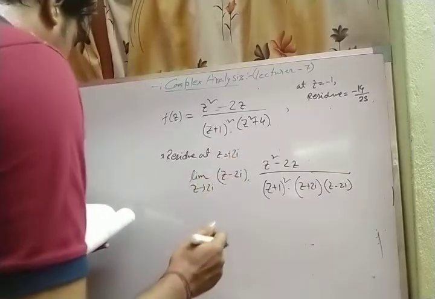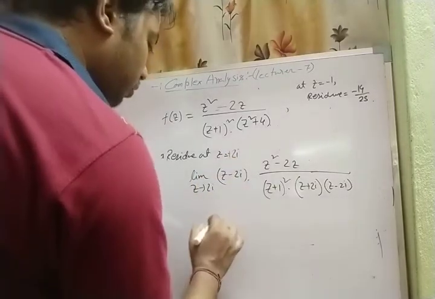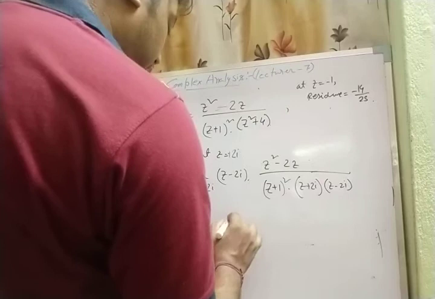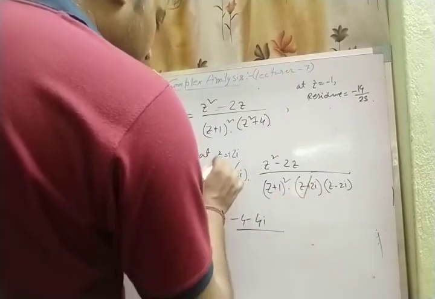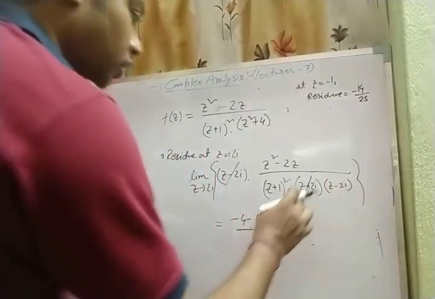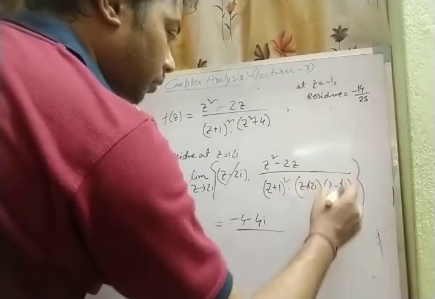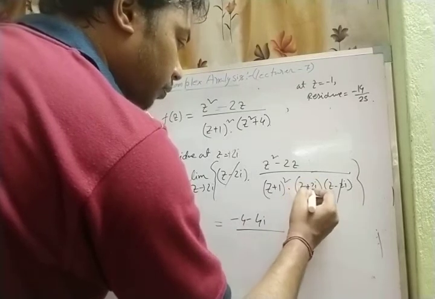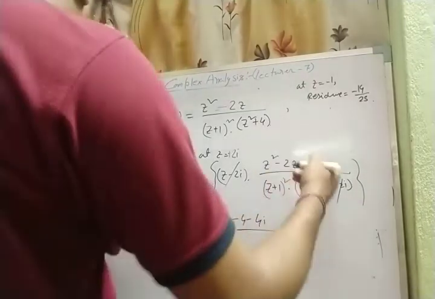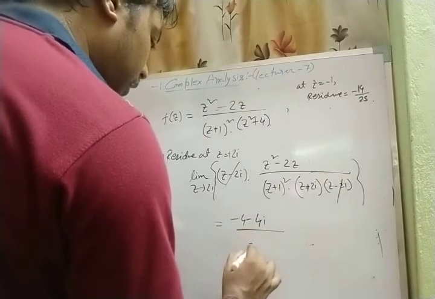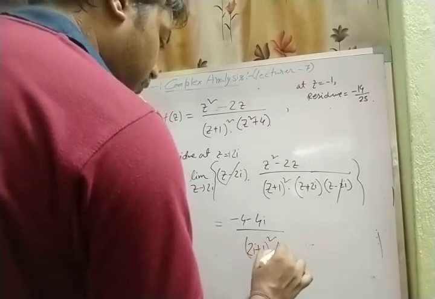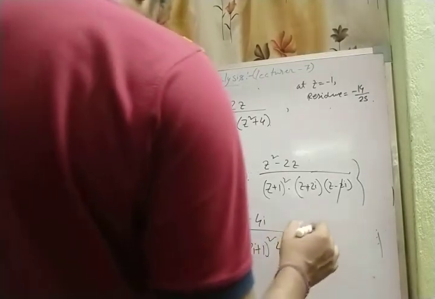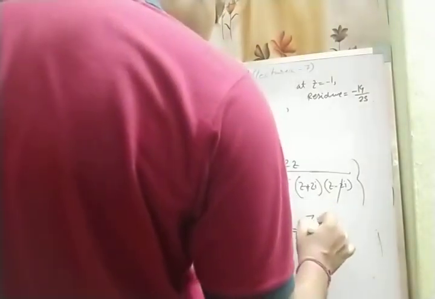Now putting this value into the above equation, you can easily get −4 − 4i in the upper part. This will cancel out. Sorry, not the plus 1, so minus 1. z + 2i is there. So putting this value, (2i + 1)² is there, into 4i. So we are getting (7 + i)/25.